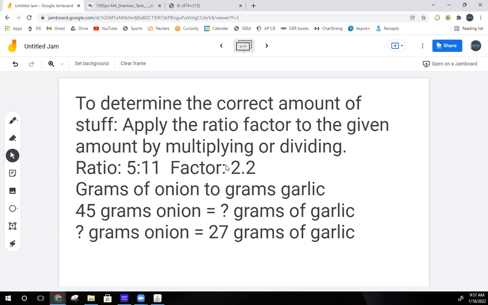Again, we're just going to use simple 2-number ratios here. Now 5 to 11. That 5 represents the grams of onion, and the 11 represents the grams of garlic.